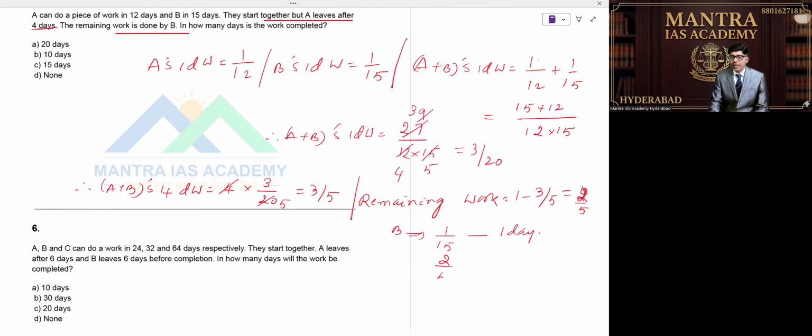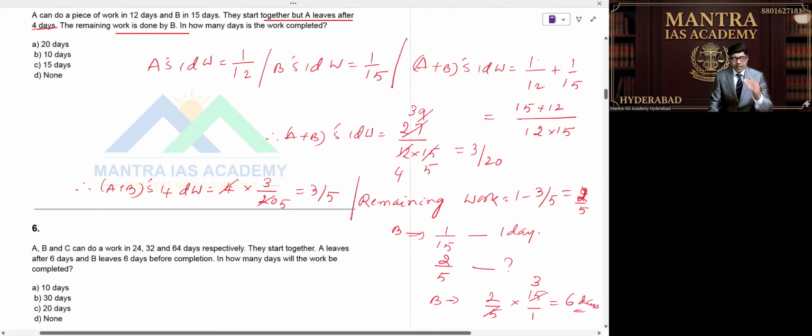How much time will be taken by B? Therefore, B needs 2 by 5 into 15 by 1, so 5 3s are 15, so 6 days. B needs 6 days to finish the remaining work. Already A and B together took 4 days. So the total is 4 plus 6, that is 10 days, our answer.